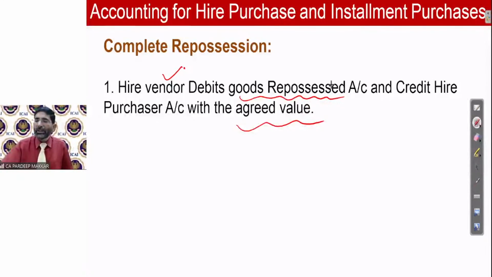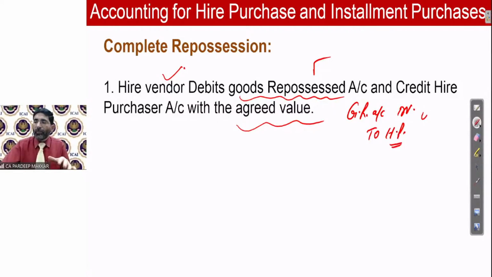So goods repossessed is a new account which is to be opened. It's just like sale return account, because we know that sale return account is debited whenever goods are taken back from the purchaser, and the entry is sale return account debit to purchaser, and the same entry is passed here, just the name is different. Goods repossessed account debit to hire purchaser. That's it. So the entry is very simple.